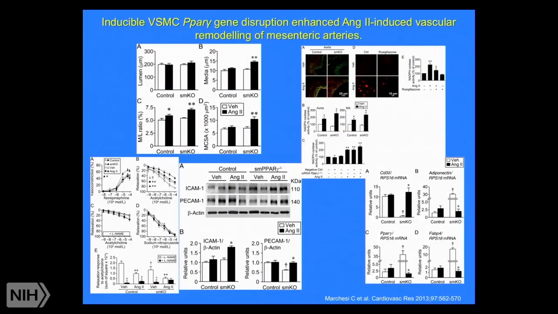As part of those studies, we have more recently performed an inducible tissue-specific PPAR gamma knockout in smooth muscle cells using Cre-lox technology.